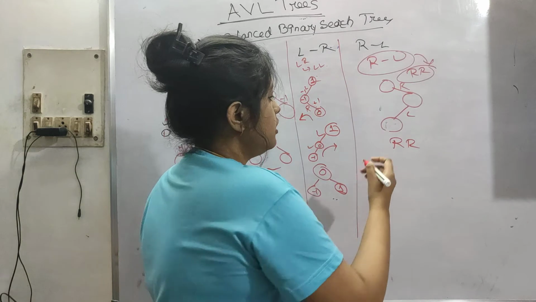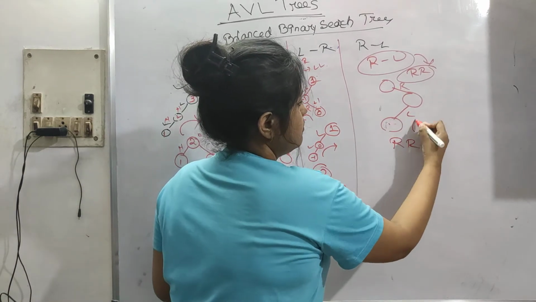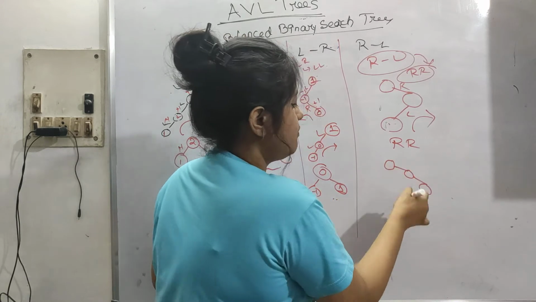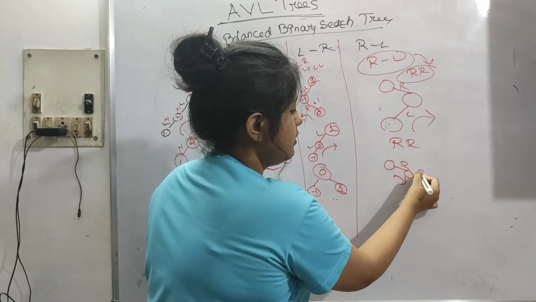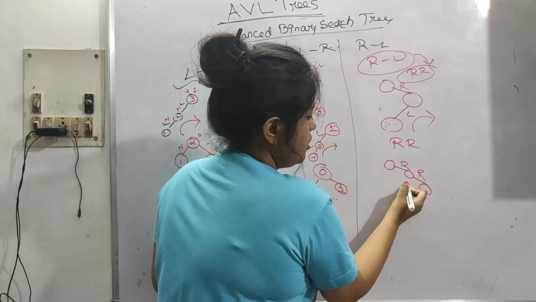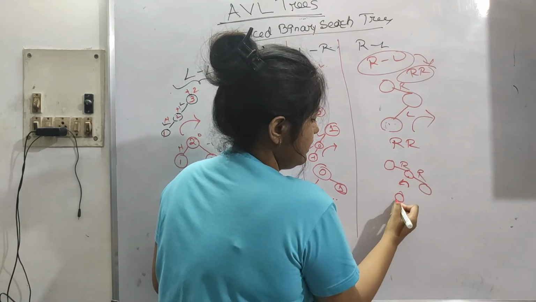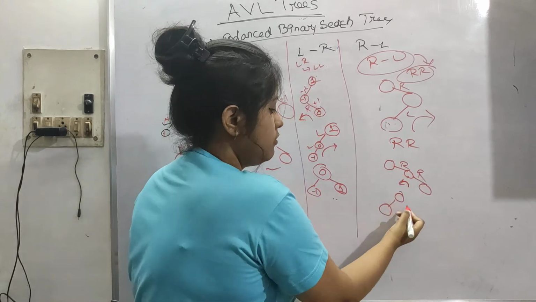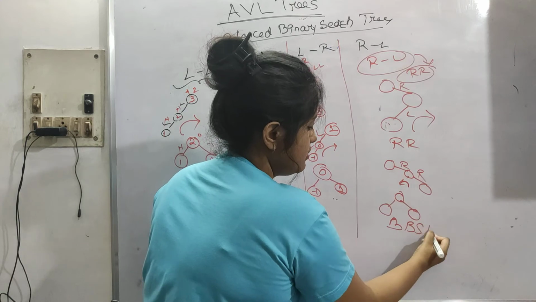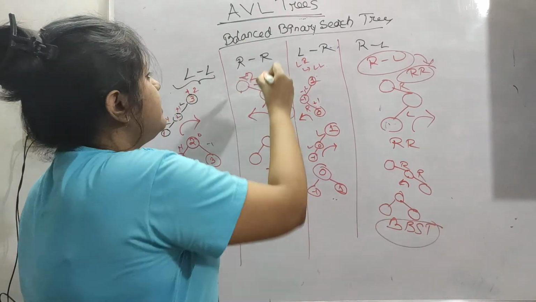You take this node, make it here, and rotate it. It will form a right dependency, and now you rotate it like this. Now taking the head, the middle node, it will be our balanced binary search tree. So it is also called BBST.